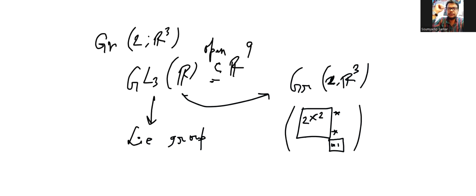If you fix a particular point x in the space GR23, that is, x is a particular two-dimensional subspace, then the stabilizer of x will be in this form.